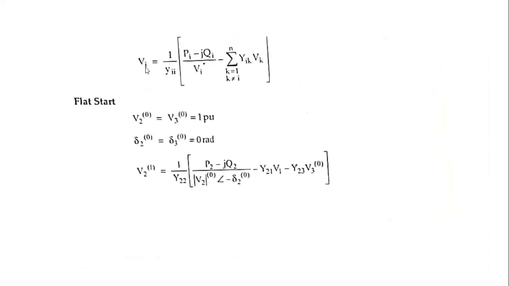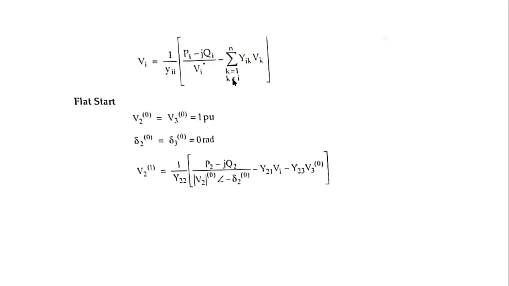Then V3 of i. Substitute i is equal to 3. Therefore, V3 is equal to 1 by Y33 into P3 minus jQ3 by V3 conjugate at an angle of minus delta 3, minus Y31 V1, minus Y32 V2.